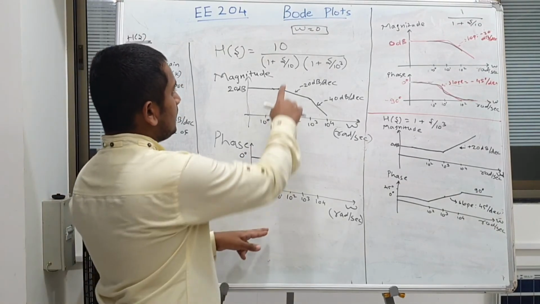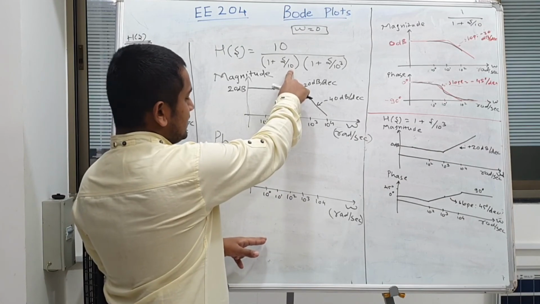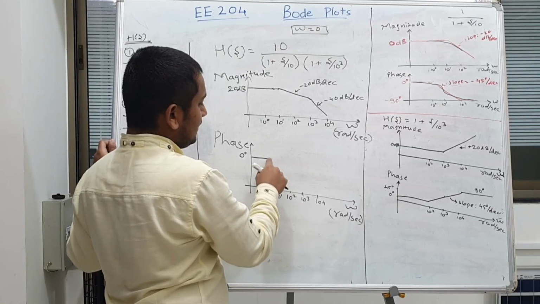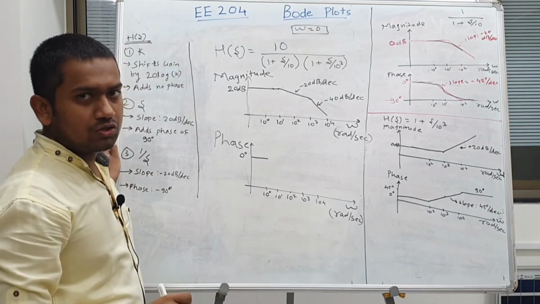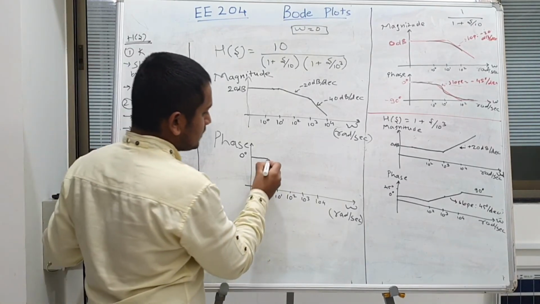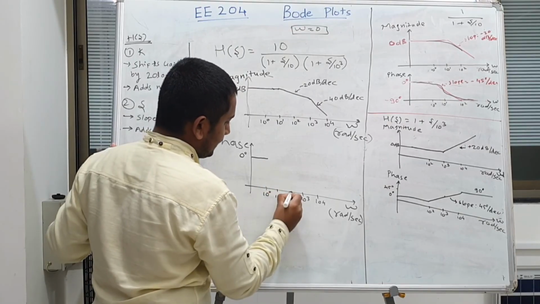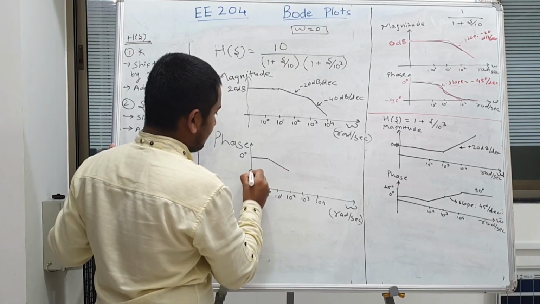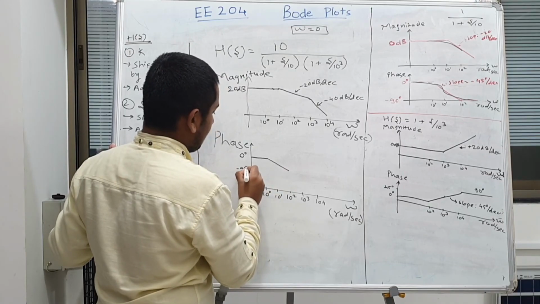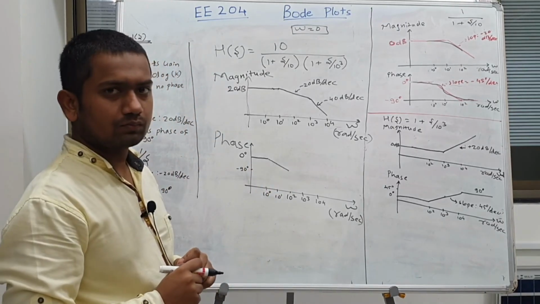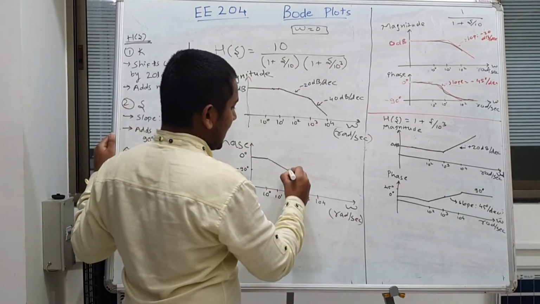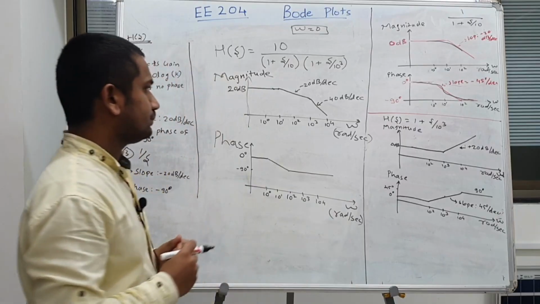Now, from the frequency 10 to the power 0 to 10 to the power 2, it will start degrading with a constant slope of minus 45 degree per decade. So, in 2 decades, it will change by 90 degree. If there is no other pole, it would have stayed at minus 90 degree.